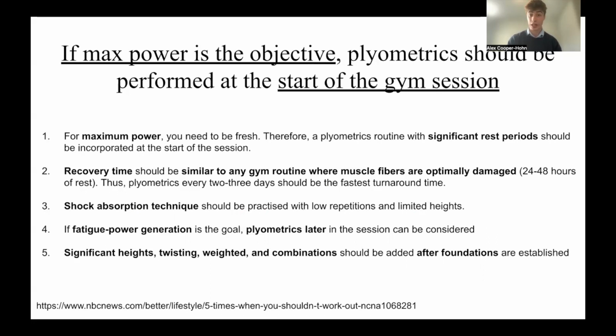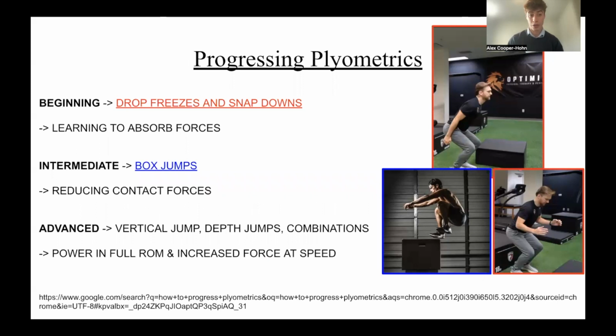And there's a need for practicing shock absorption techniques and iterating through the levels of plyometrics, because moving into very advanced movement straight away can cause injury. Now, so how do you progress? Well, they recommend at the beginning just going into drop freezes and snap downs.